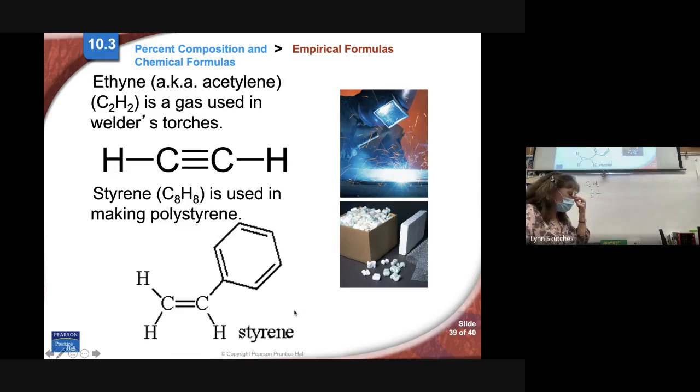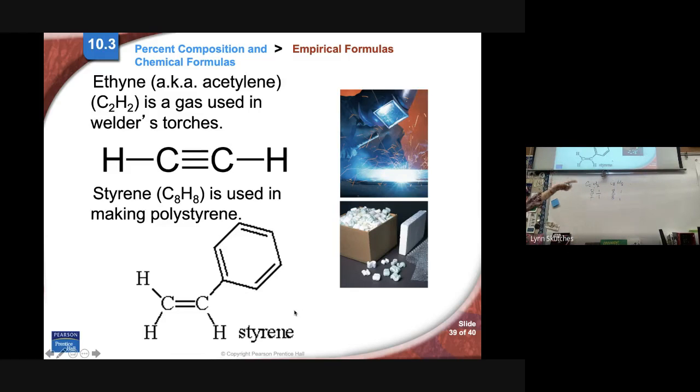Polystyrene or styrofoam is a molecule that has 8 carbons with 8 hydrogens. Crazy structure, has a hex ring, and then it has a double bonded carbon thing here and some extra hydrogens, and not all the hydrogens are shown. But again, it's 8 to 8. That's the same as 1 to 1. Okay.